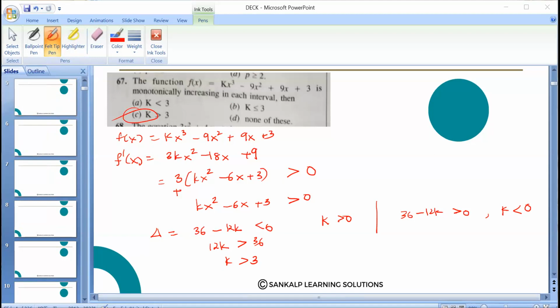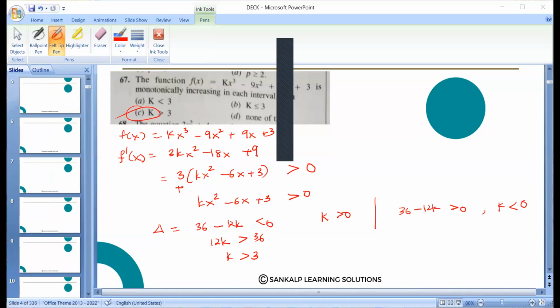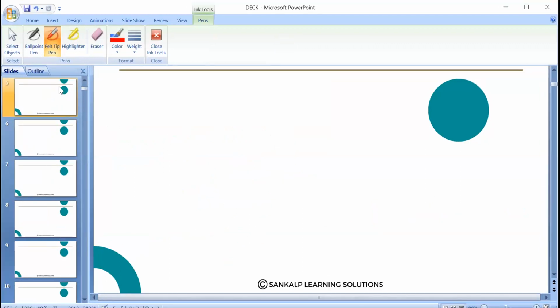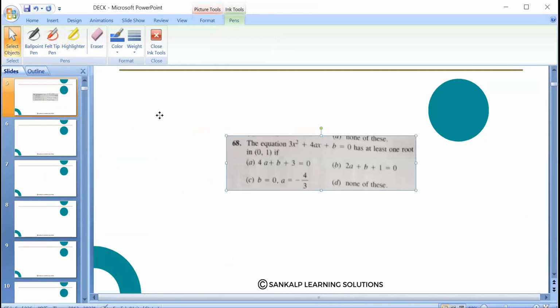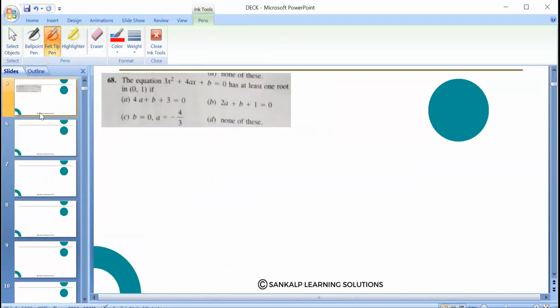Next is 68. The equation has at least one root in the interval 0 to 1.